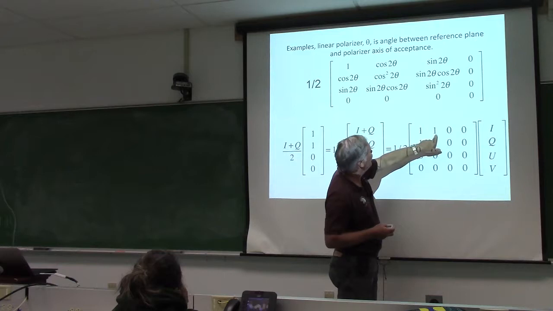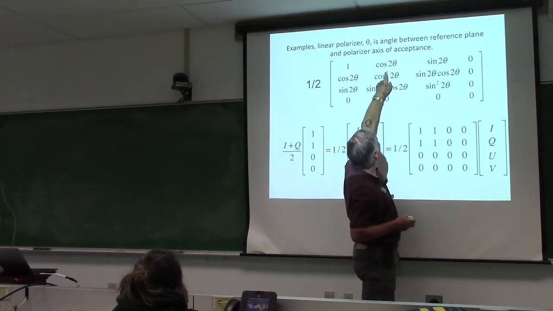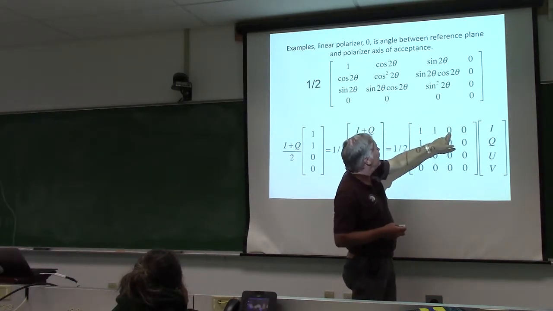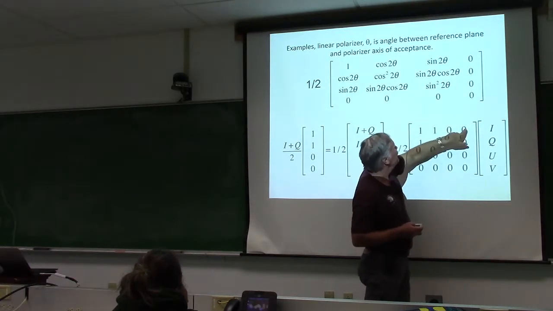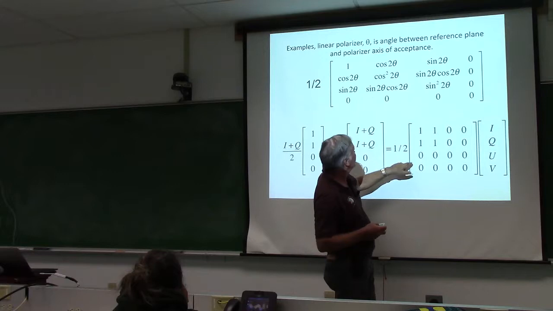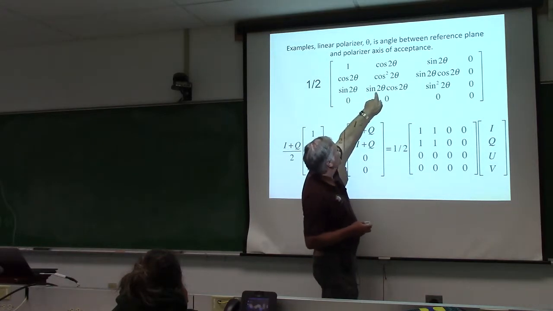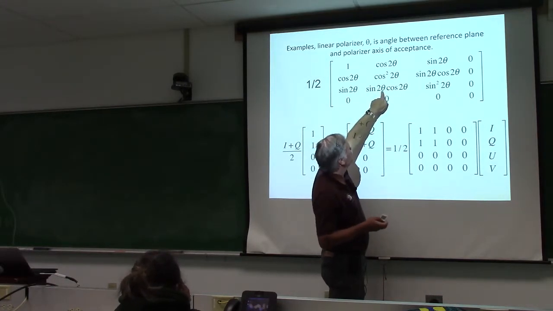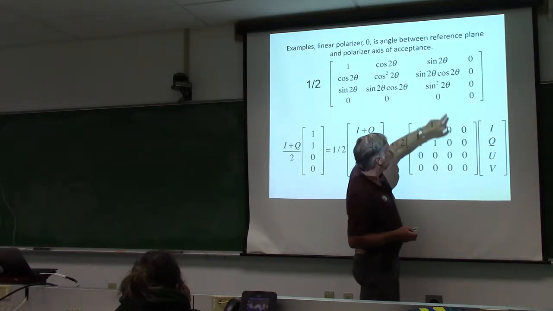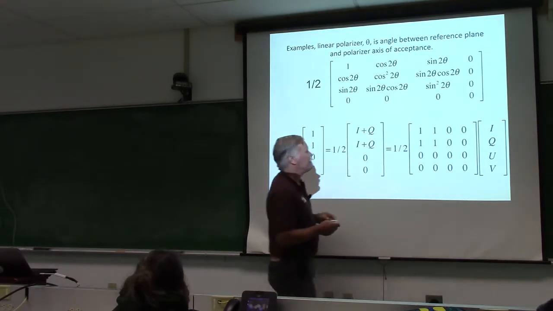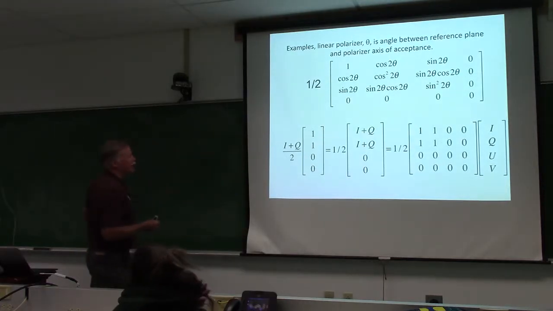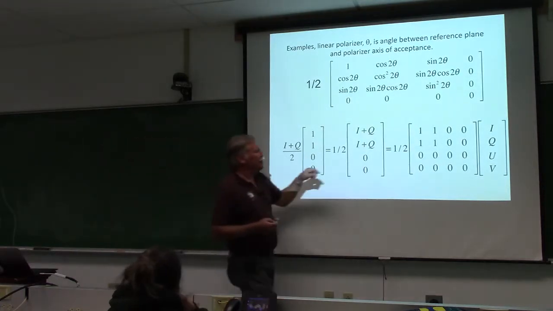So I get a 1 element here for that element. I get a 0 here because sine of 0 is 0. These are all zeros. This one is 0 because sine of 2 times 0 is 0 still. That one's 0. This one's 0. So I only have, for a linear polarizer, set up so its acceptance is along the L coordinate.